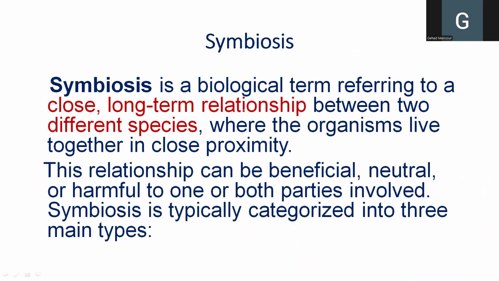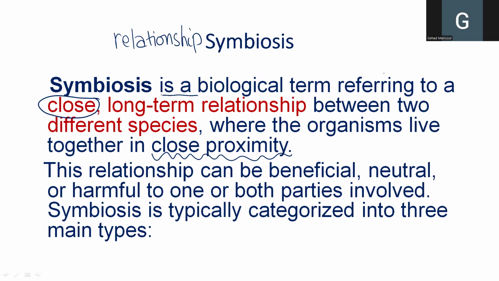Symbiosis is a biological relationship. So when you talk about symbiosis, you are talking about a relationship, but there are characteristics of that relationship. What are the characteristics of that relationship? First of all, it is a close relationship, meaning that the organisms are present in close proximity.